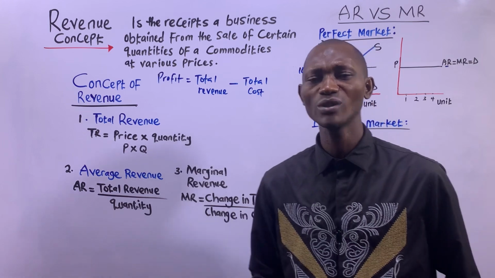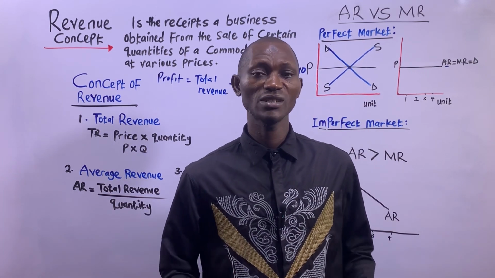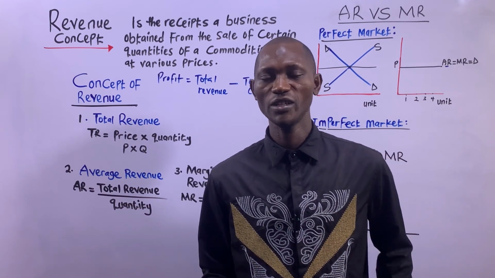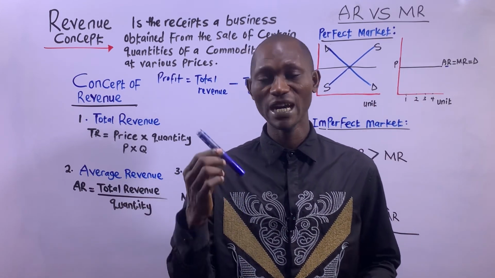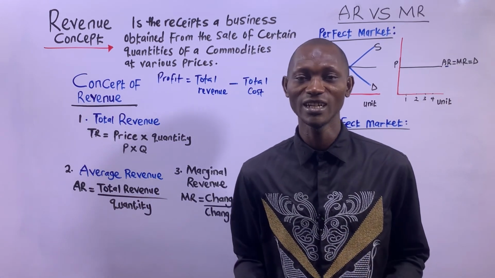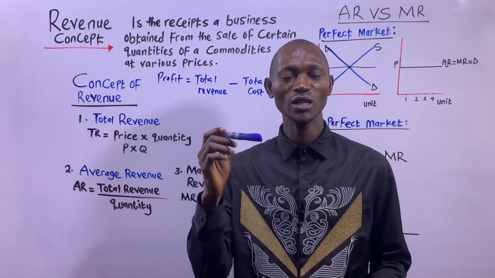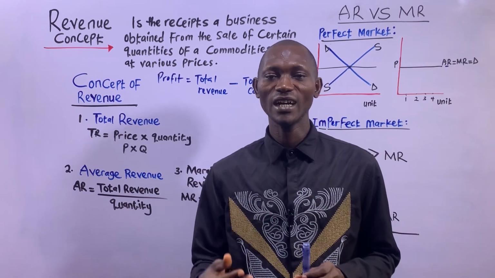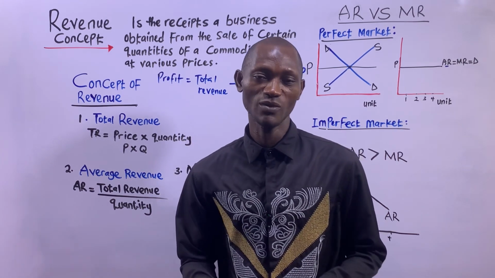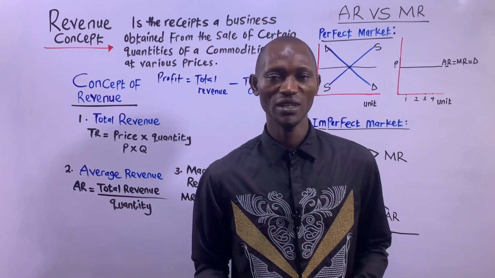So basically, when we say revenue, we mean the amount a business realizes for making sales. So let's say, for example, I merchandise a marker. I'm a marker seller, let's say, for example, which I'm not. It's just an instance, right? So let's say I merchandise marker. If I sell this marker to one of you watching right now, the money you pay me is my revenue.